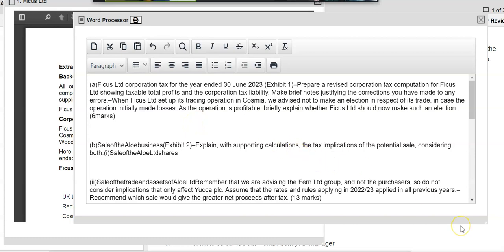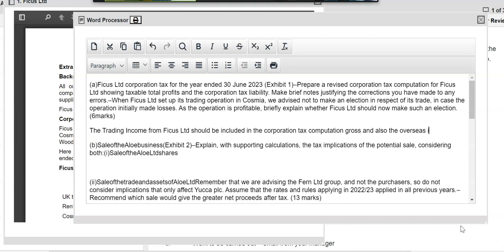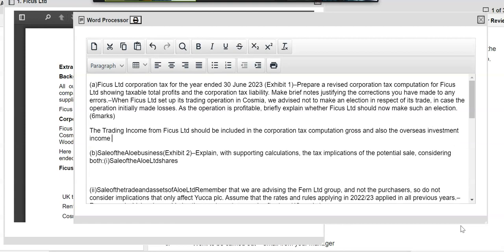Okay, so let's make the notes here that the trading income from Fiscus Limited should be included in the corporation tax computation gross, and also the overseas investment income should be included gross as well.